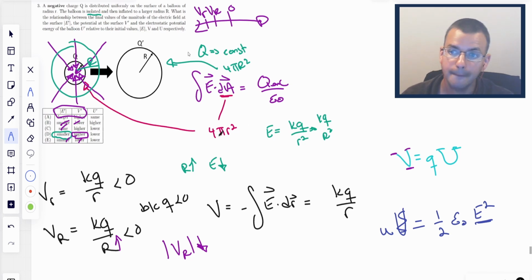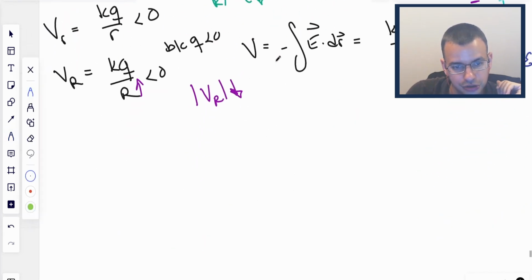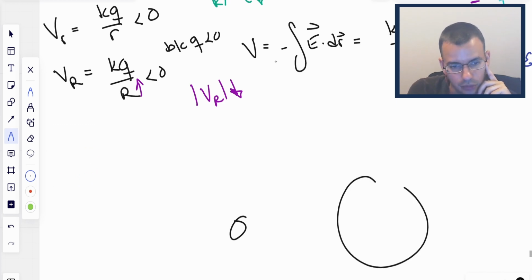Long story short, more electric field, more potential energy. And so what we're going to look at here is the electric field. If we look at our two circles, I know I already drew on the other ones too much. We have the first one, we have the second one. They both have effectively the same electric field coming from the center.